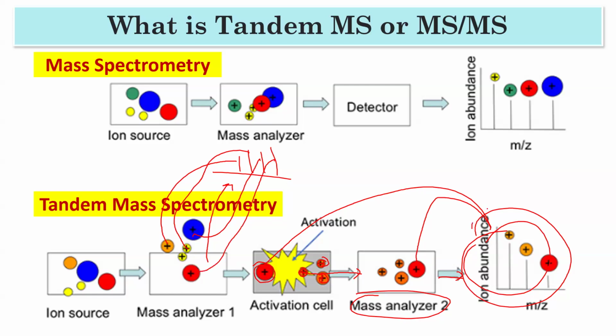But in this next mass analyzer you will not get these peaks, please understand. You will get peaks only for this molecular ion, and only if it is fragmenting. I hope you understand.